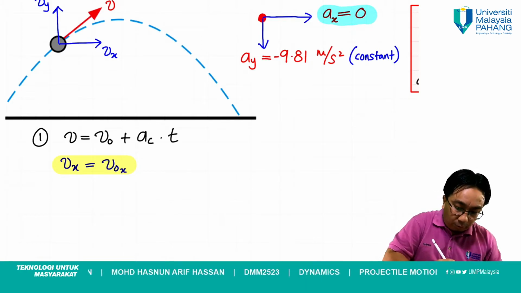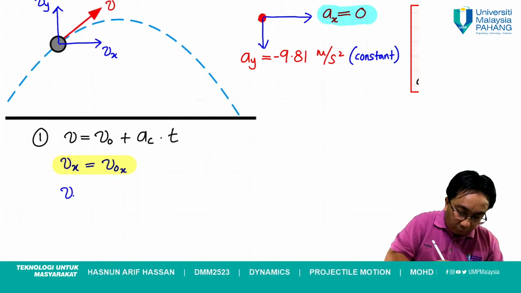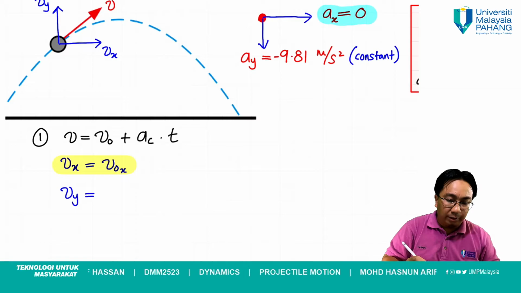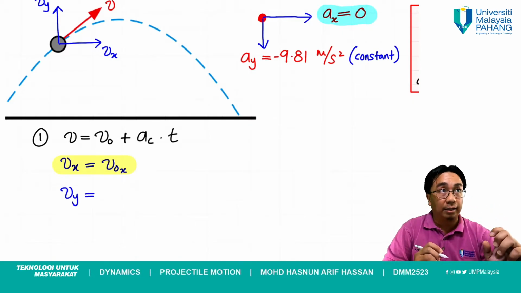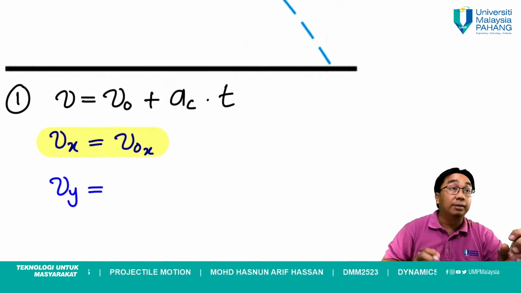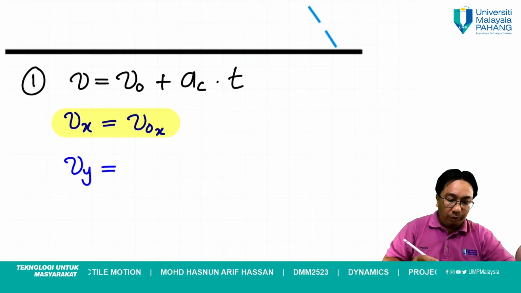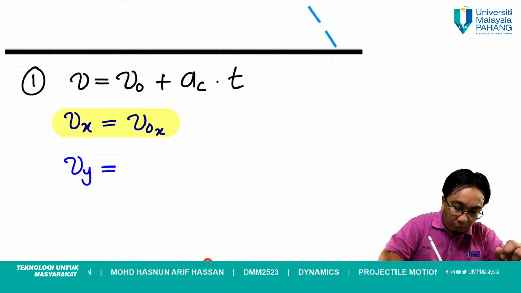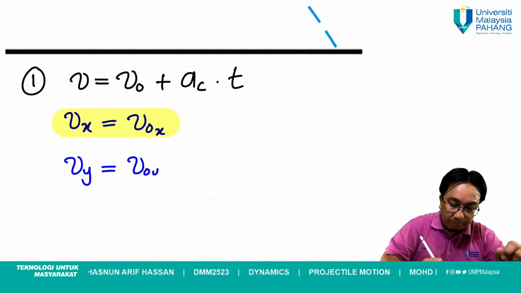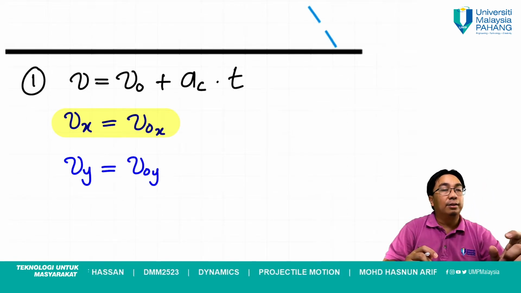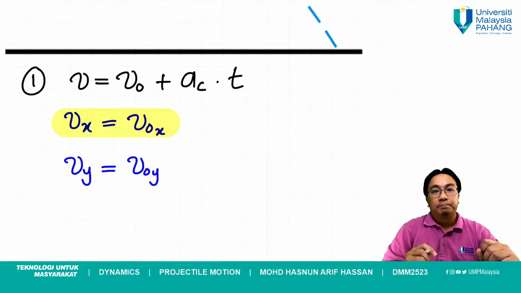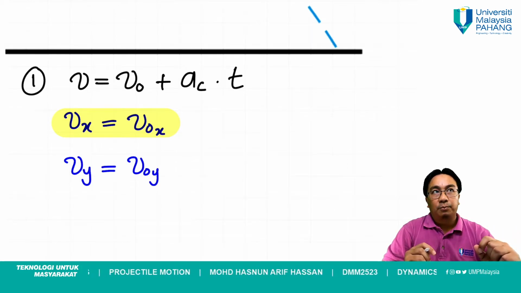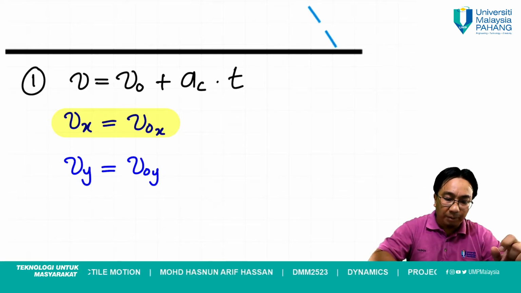So that is the equation for Vx. Now let's go to Vy. Vy apa yang kita ada? Vy is equals to, based on equation nombor 1 yang saya tulis color hitam ni. Okay, saya zoom in sikit. Based on this equation, Vy is equal to V0y. So what is now the acceleration in y component? Kita patah balik ke atas ni.